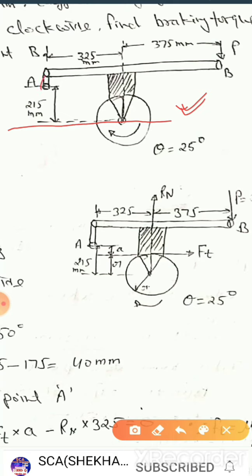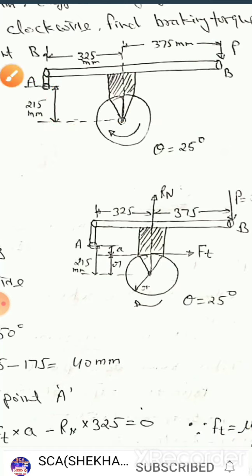Here A is the fulcrum point. The distance 215 is between A and the line of center of rotation of the wheel. So the radius of the wheel is 175 mm.